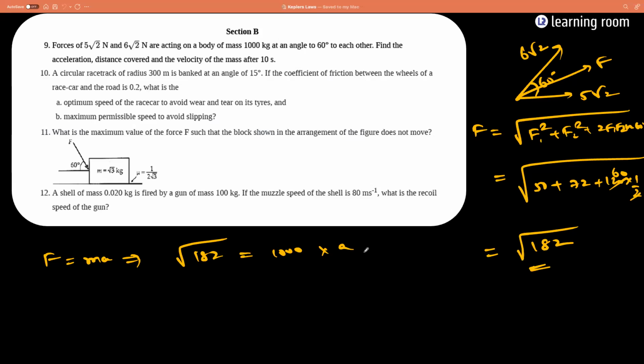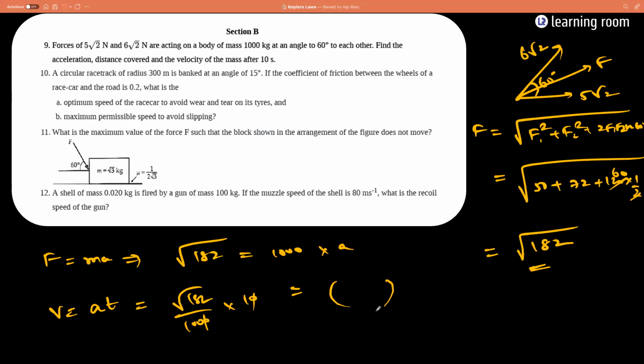Since they didn't mention anything about the initial velocity, it can be taken to be zero. The object started moving only after the application of force, obviously. So U is 0 means V is equal to U plus at here, V is equal to a into t. a is root 182 divided by 1000, into time is 10 seconds. It cancelled. You get the answer.